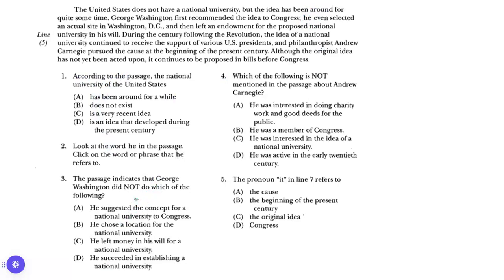What did he not do? What is not true or not stated? Which of the following is not mentioned about Andrew Carnegie? And finally, the pronoun it refers to. Here's the pronoun it. Okay, I'll give you a little bit more time on this one.